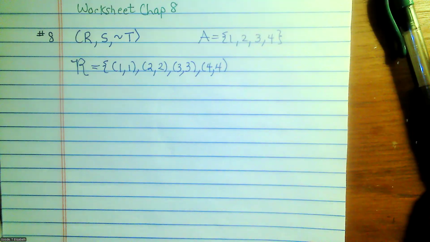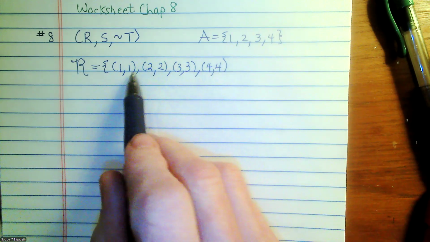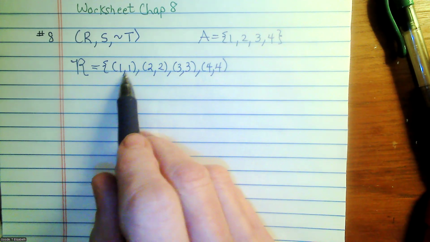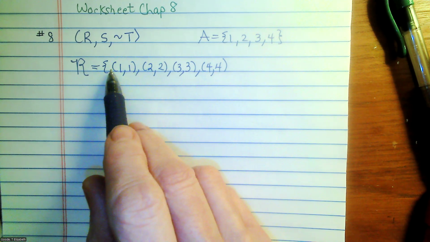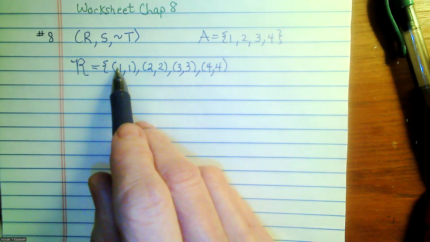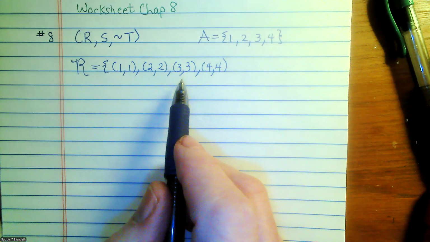If we stop right there, that binary relation is reflexive and it's symmetric because there aren't any ordered pairs where the two coordinates are different. So we've got the ordered pair that goes back the other way because it's the same. And it's actually transitive because we don't have the hypothesis of transitivity satisfied.